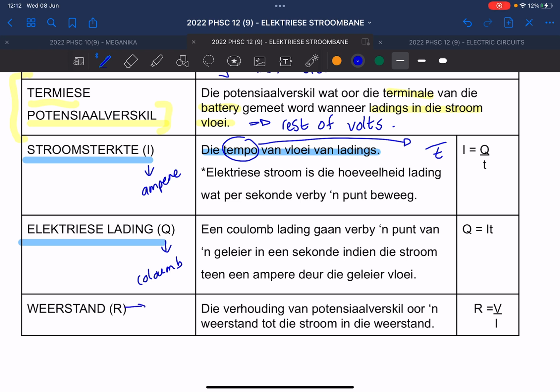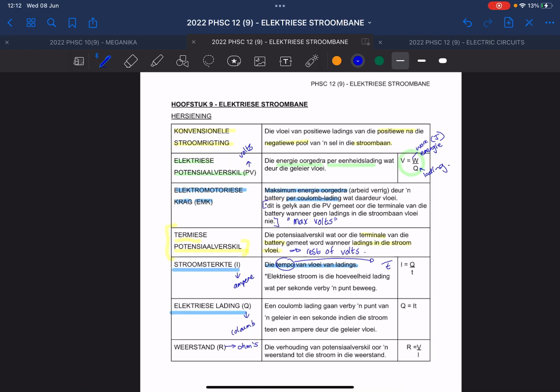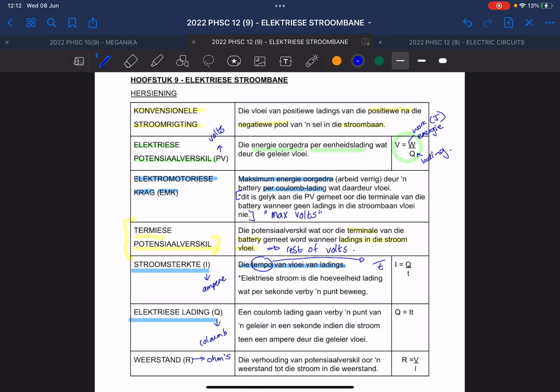Resistance, weerstand word gemeet in ohms. Okay, ek dink daar is nog iets oor potentiaalverskil. Potential difference is measured in volts. Okay, so there are a few definitions that you should know up until now.